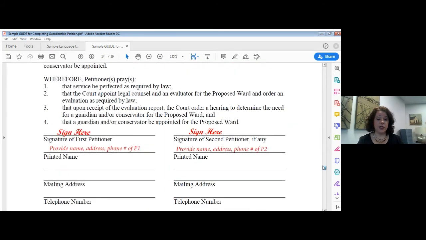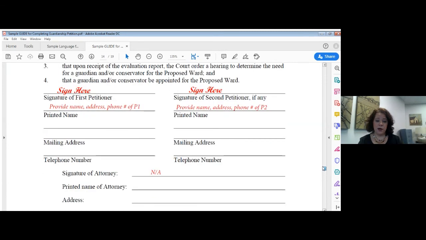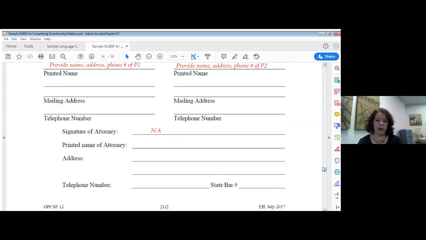Then our just conclusion statement. It's in the best interest of the proposed ward to have a guardian appointed. So then our two petitioners will sign at the end of the petition here and provide their name, address, phone number, etc. You're doing this on your own. So you just put NA there for the attorney.